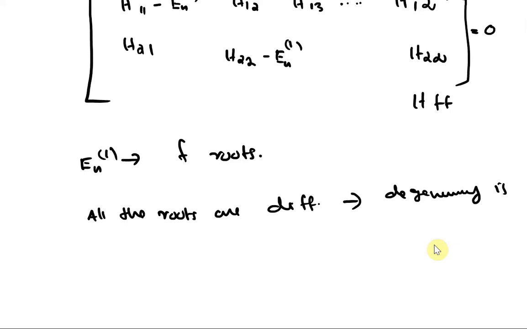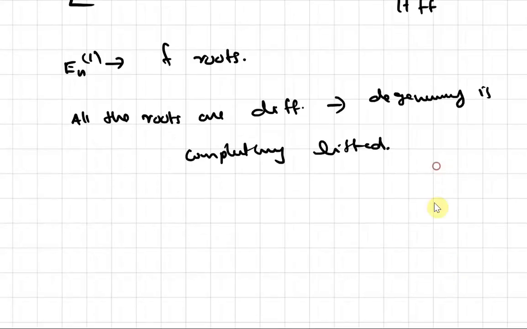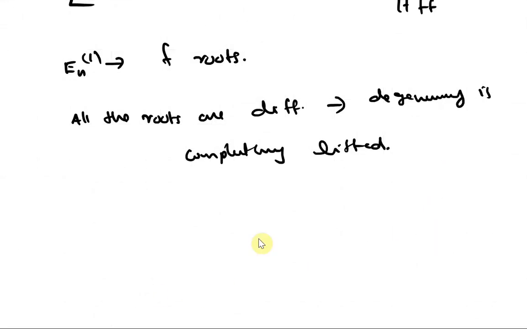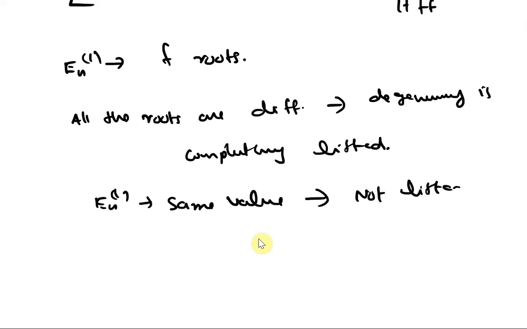Degeneracy is completely lifted. If all the roots are the same, all the roots are having the same value of E_n^1, then the degeneracy is not lifted. It's there as such, not lifted. If the number of distinct values lies between 1 and f, then it is just partial, or some of the E_n^1 values are the same and others are different.